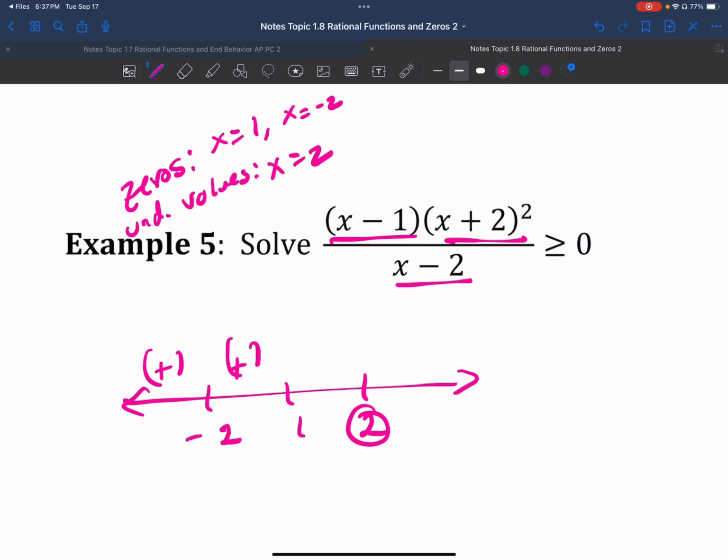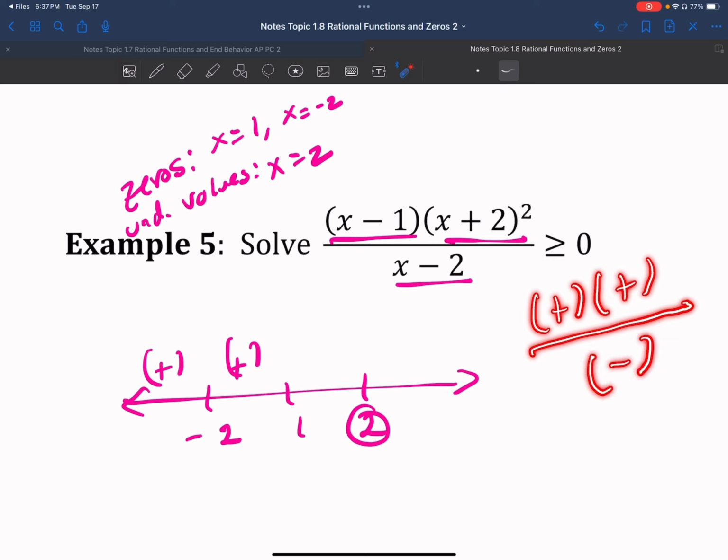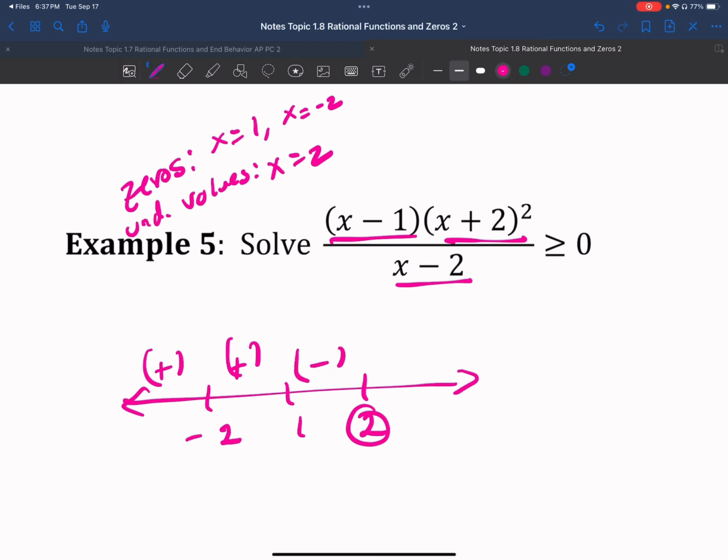For the next one, I'm going to pick a number between 1 and 2, like 1.5. So 1.5 minus 1 is going to be a positive. This one is squared, so it's positive as well. And then 1.5 minus 2 will give me a negative, giving me a final answer of a negative interval.